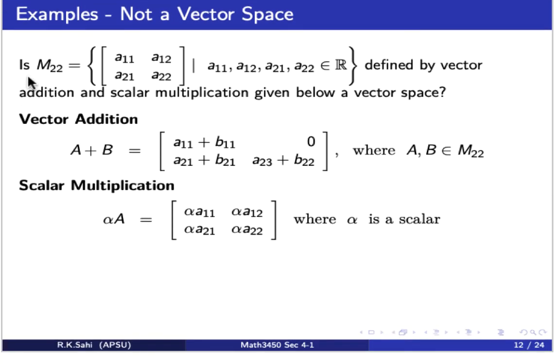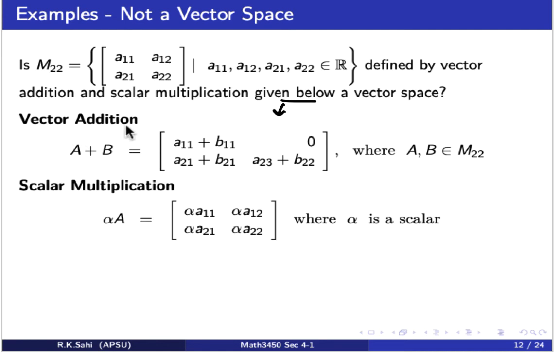Now here it is. Is M22 defined by the vector addition and scalar multiplication given below a vector space? Here they are defining it to us. Let's see how they are defining it.